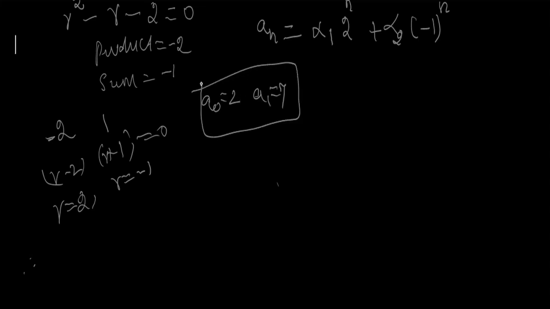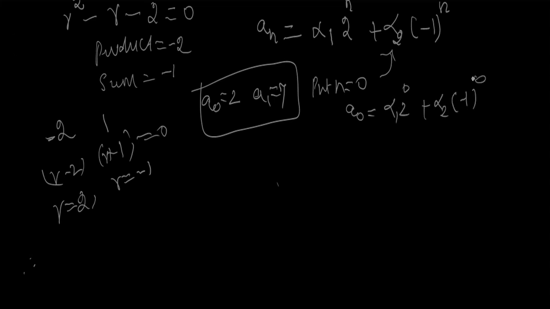Now put n equal to 0 in this equation. So a0 equal to alpha1 times 2^0 plus alpha2 times (minus 1)^0. Anything to the power 0 is 1, as we already know. So alpha1 plus alpha2, and a0 is 2. So our equation is alpha1 plus alpha2 equal to 2.